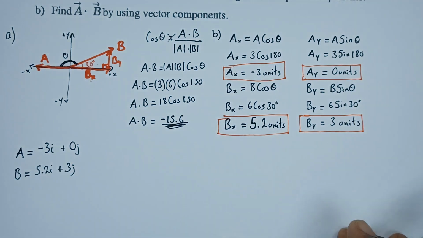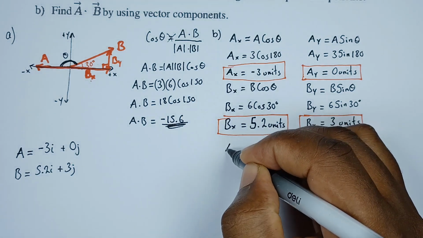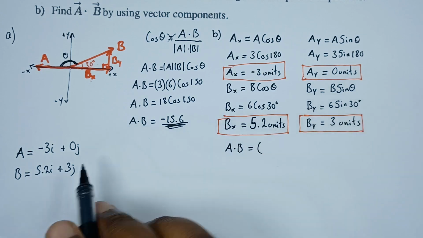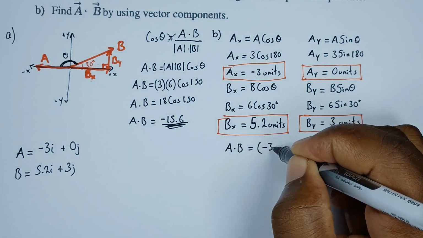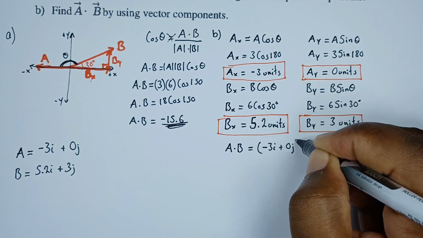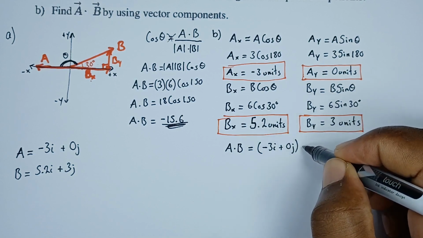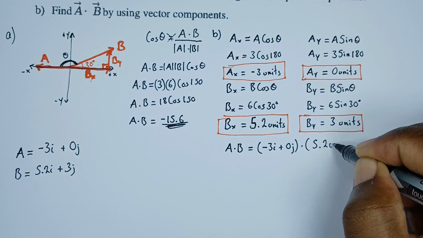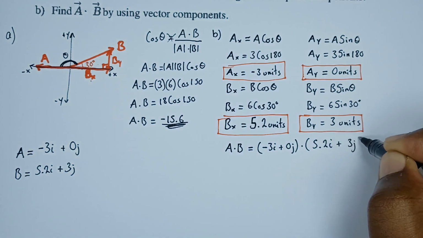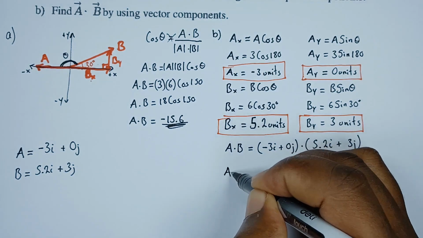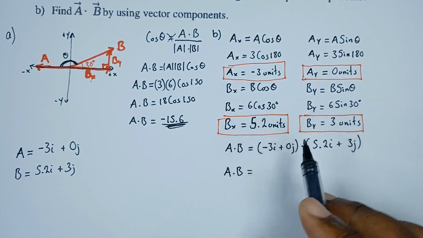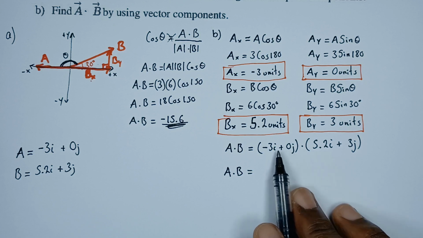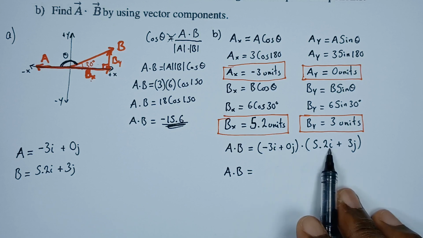So we have vector A and vector B. Now let's proceed and find the dot product. So A dot B will be given by vector A, which is negative 3i plus 0j, dot vector B, which is 5.2i plus 3j. So A dot B: negative 3i times positive 5.2i. Remember, i and i will just give us 1.